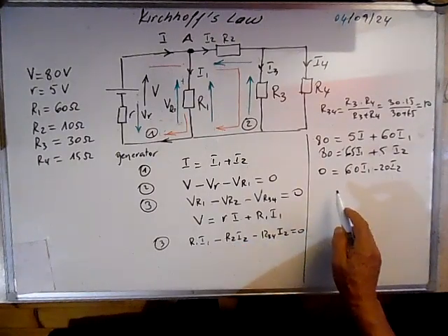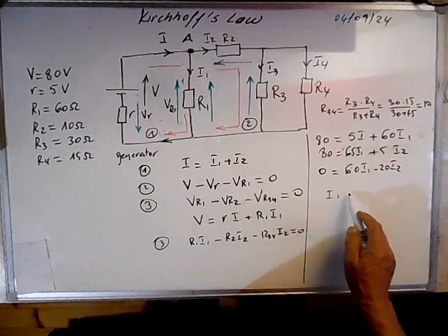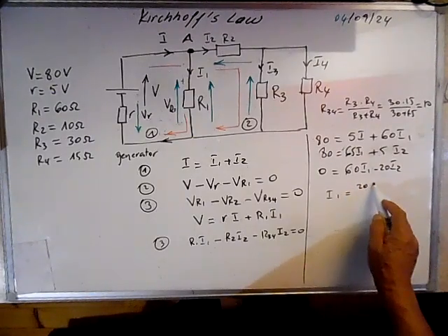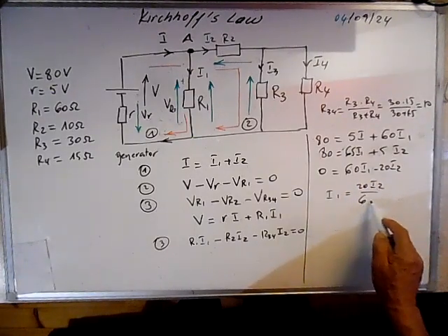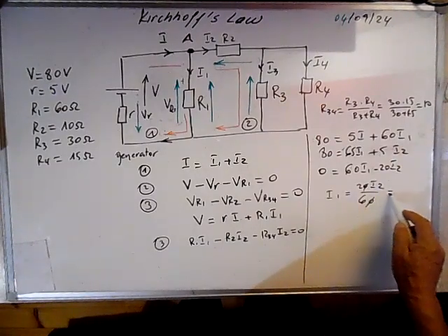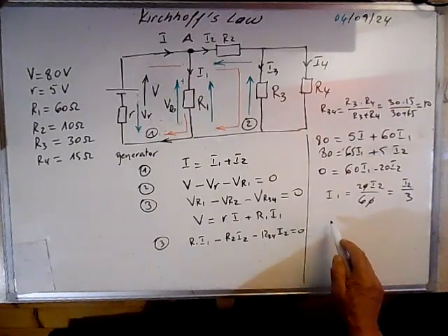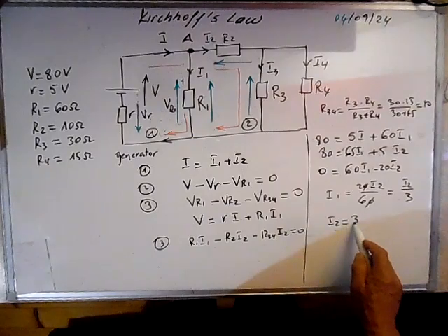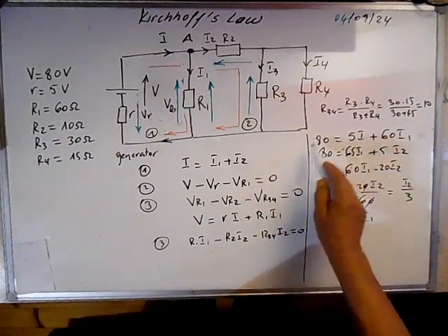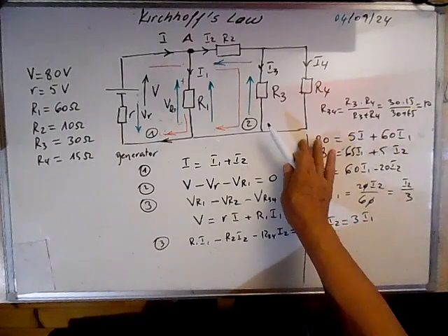So from here we can calculate I1 is equal to 20 I2 over 60. So it's I2 over 3. So I2 is 3 times I1. So if we replace now, this is first equation, second equation.